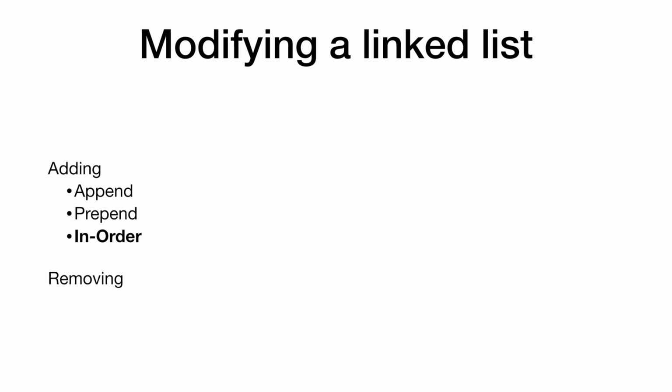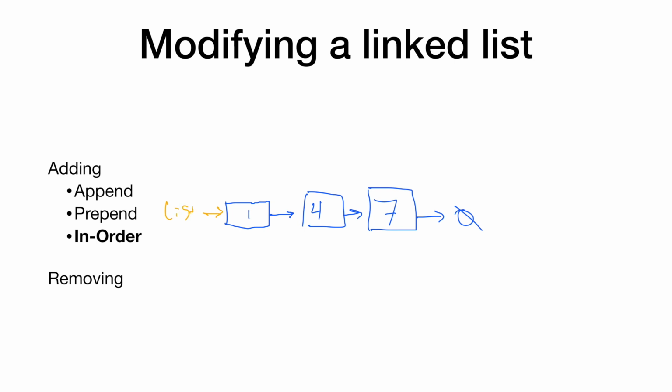We could also add them in order. So in this case, let's assume we had 1, 4 and 7 as the actual payloads of our linked list nodes. This is list, and we want to add 3. Well, in-order addition is basically going to say you're going to move some temporary pointer until it figures out where it goes.